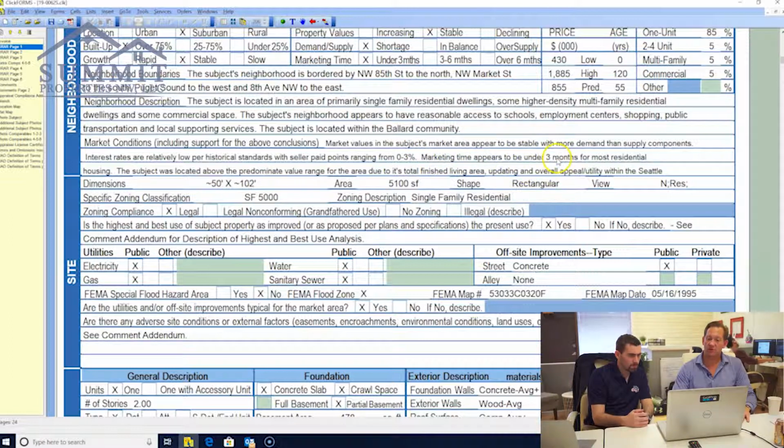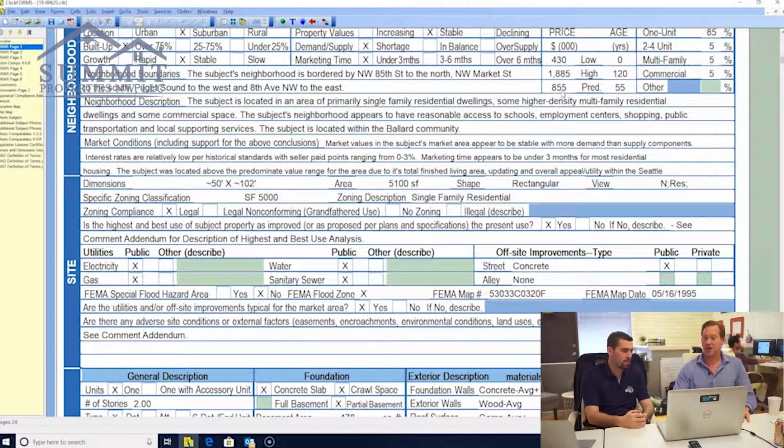Marketing time appears to be under 3 months. Subject was located above the predominant value range, predominant being 855. You want to know that so that you know if the subject property is an over improvement. That's what lenders are looking for. If you say the predominant value is 855 and the subject value is 1.5, then you've got something really special in the subject property, maybe a couple of units on the one site.